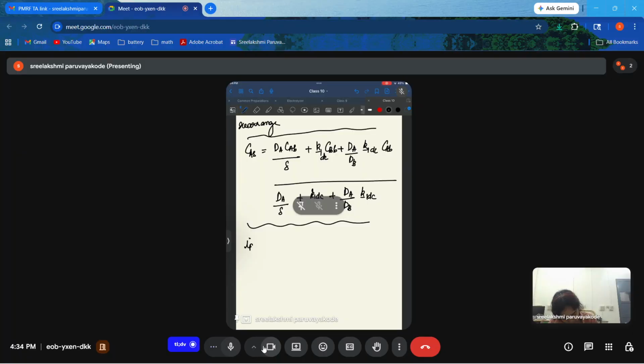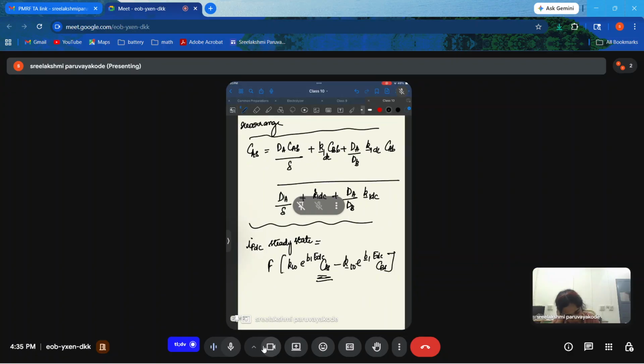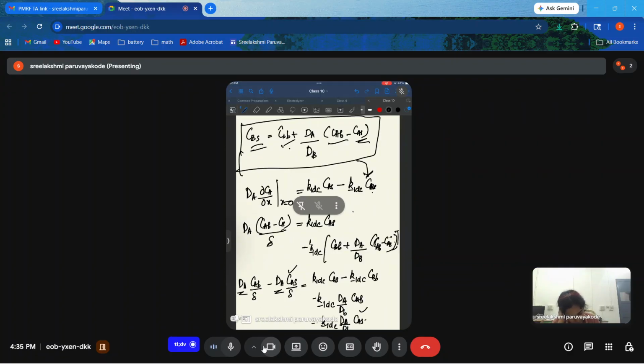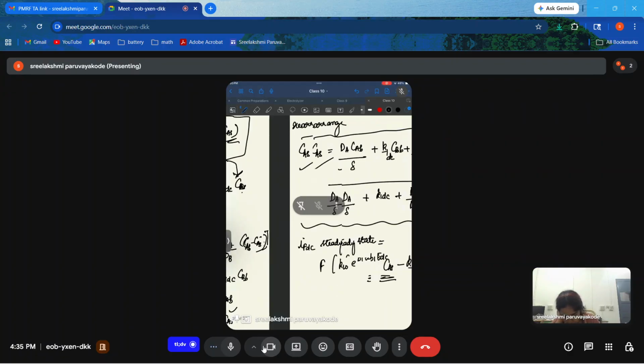Now iF dc at steady state then becomes F k1 naught exponential of B1 E dc. You know what is Cas, you know what is k−1 naught exponent. If a problem is given, then you can find it out. Okay, so Cas comes from this expression, Cbs comes from this expression.